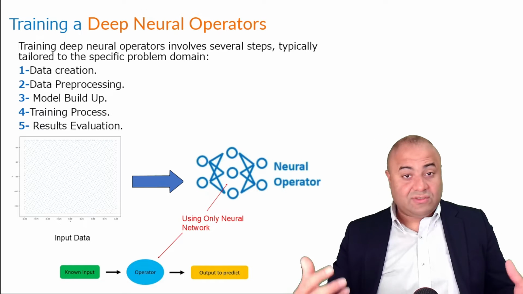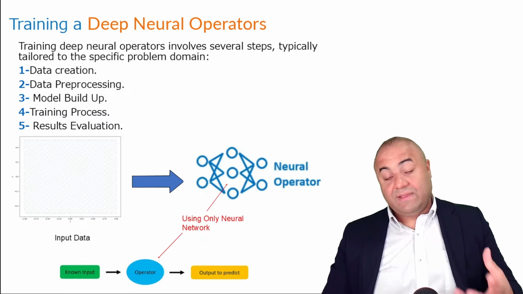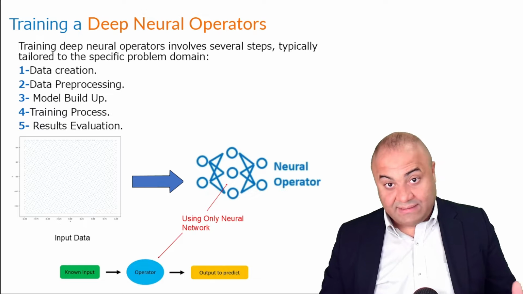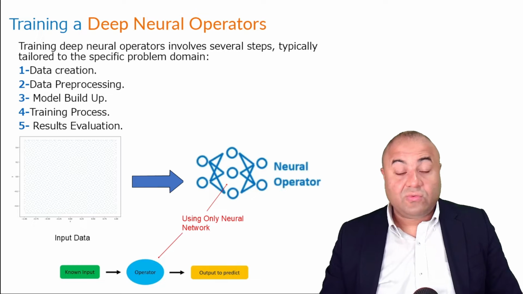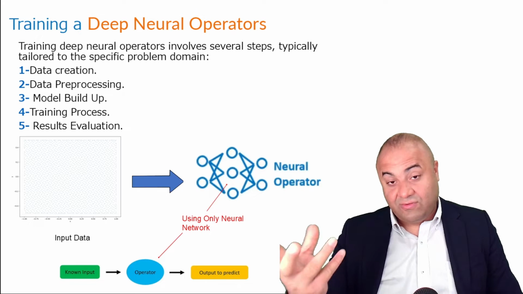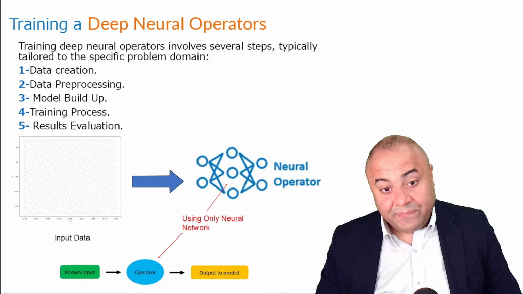After that, of course, you have to evaluate your results by giving the network data that it has never seen before, and you evaluate how good your network is, and what kind of errors you might have.